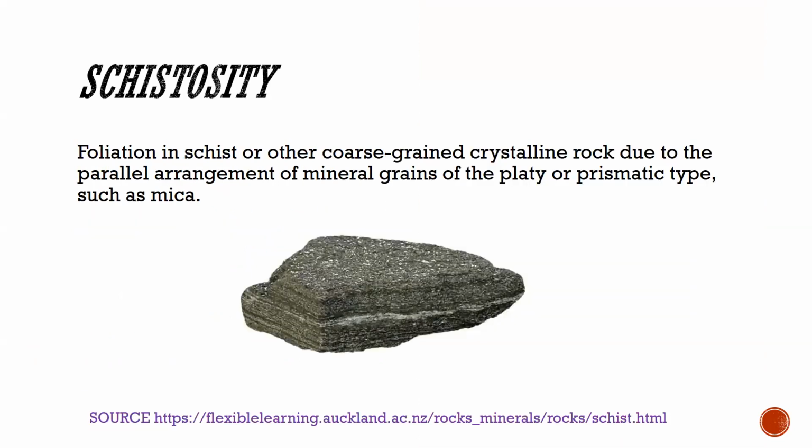Whereas schistosity is basically observed in metamorphic rock, particularly prismatic type, platy minerals type. Suppose mica flakes, one after another flakes can be separated, and the resistance along the flakes is very minimal.